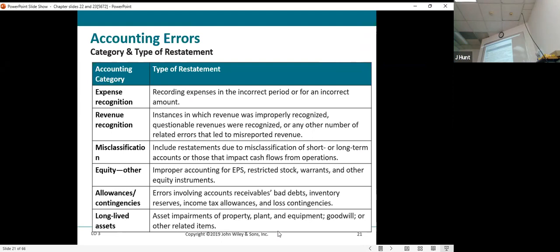Normally you have to restate, okay? Where you have errors, if they're material, you have to restate it. So expenses, recording them in the wrong period or incorrect amount, so that could happen.